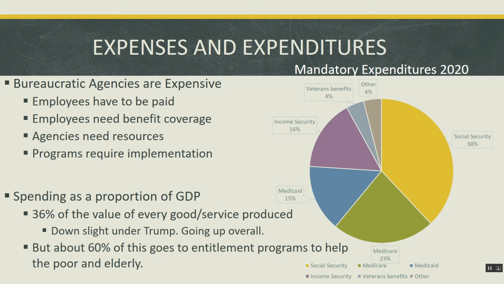And it's not just that the employees have to be paid and have to receive benefits like health care and health coverage. Agencies are going to need resources like the money and revenue they need to provide very simple supplies like printers and ink, to keep their heating and air on, to keep their lights going, to pay for projects, vehicles, gasoline, and so on and so forth.